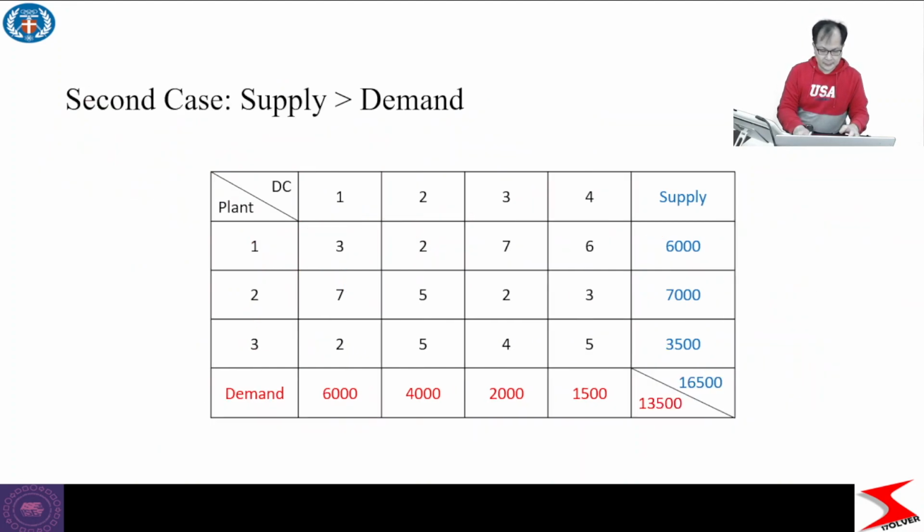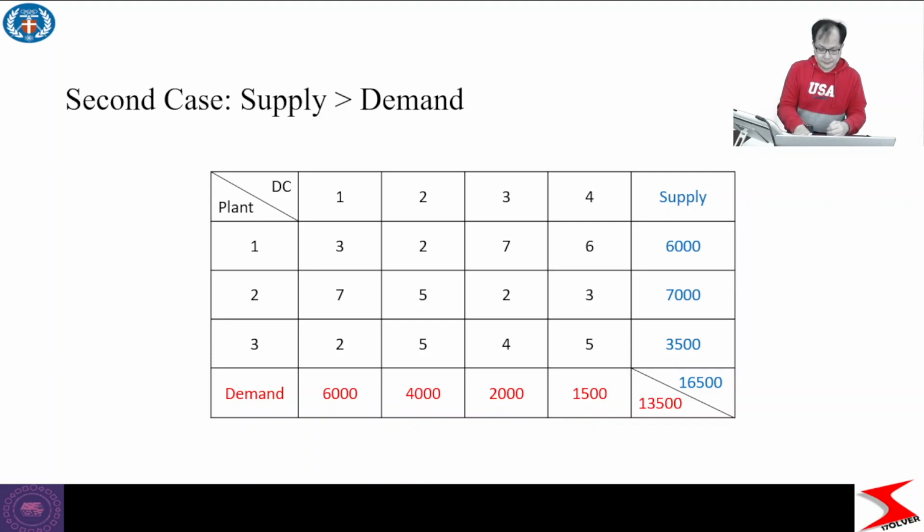So what if the supply quantity is larger than the demand? We have more quantity but less demand. So after fulfilling the demand, some quantity is left that cannot be shipped out. Where does this extra quantity go? Maybe we can take a strategy where we add one more pseudo demand and put all the extra quantity on the pseudo demand side.